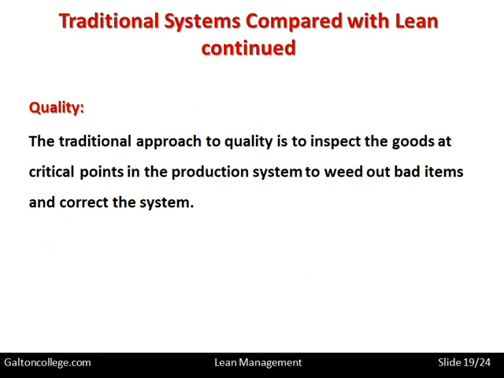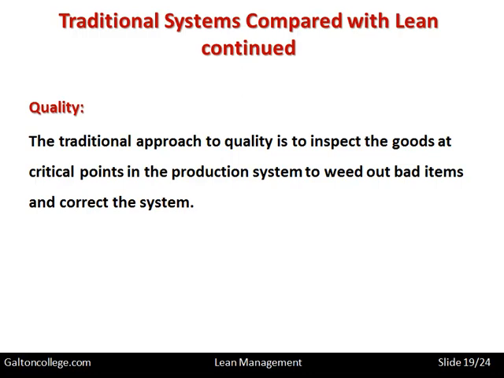The quality, well, the traditional approach to quality is to inspect the goods at critical points in the production system to weed out bad items and correct the system. So with a traditional system, there may be quality personnel, people who are dedicated to checking the quality, who go along the line and randomly pick up components as they are being produced and test the components for their quality.